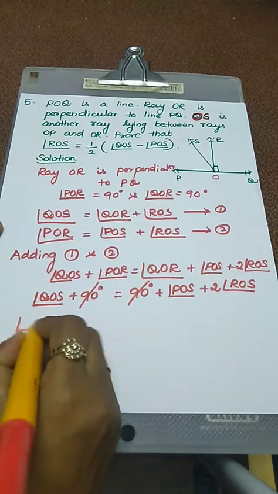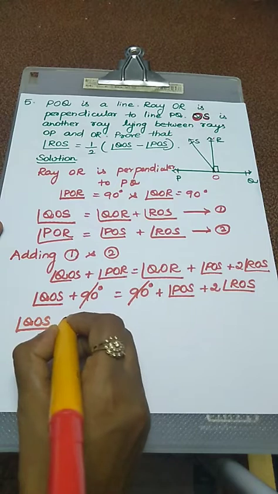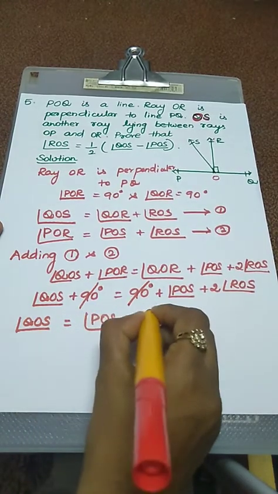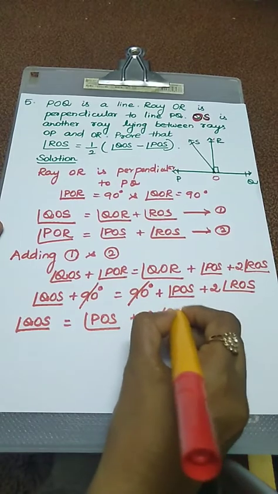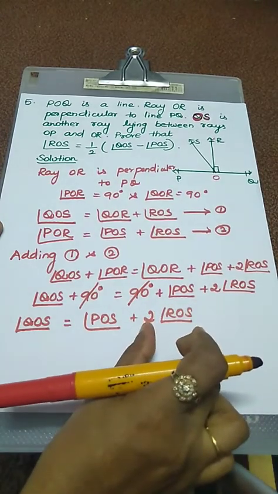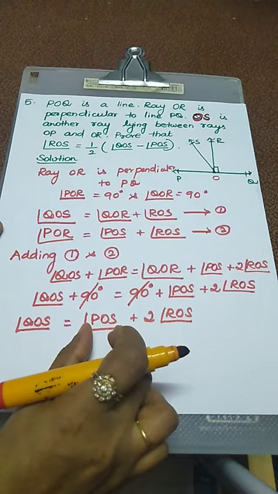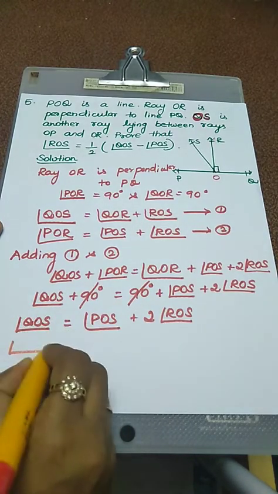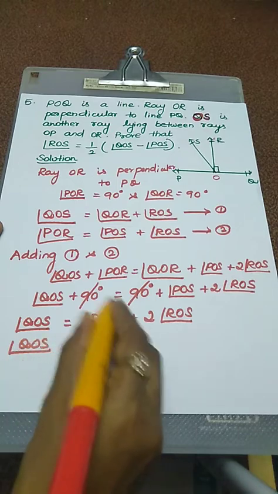Then how can we write angle QOS is equal to, directly we have to write POS plus 2 angle ROS. Now we just fix the 2 ROS here, move the POS value to the LHS. Already angle QOS is here. Move this value also.